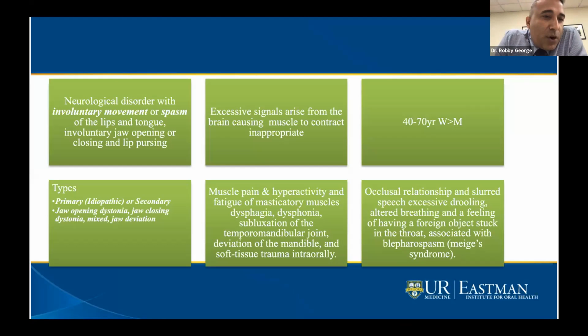It is a neurologic disorder which causes momentary spasms of the lips and tongue and involuntary jaw opening movements. At first they said it was mainly because of excess signals coming from the basal ganglia, but right now more studies are pointing towards the cerebellum. It usually occurs in people 40 to 70 years old.